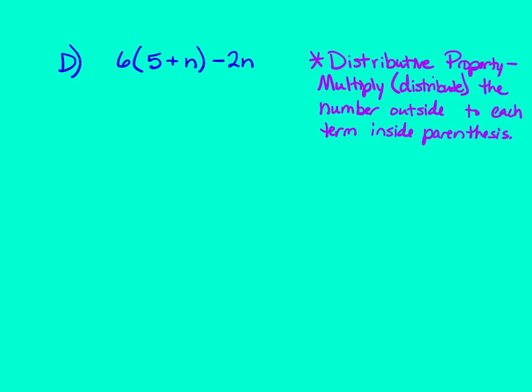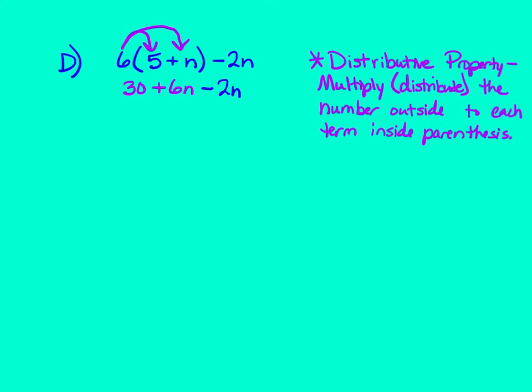It's right next to it. There's no signs between it. And we're going to multiply 6 by 5, and then we'll multiply 6 by positive n. So 6 times 5 is 30. 6 times positive n is positive 6n. Then we just bring down the minus 2n.